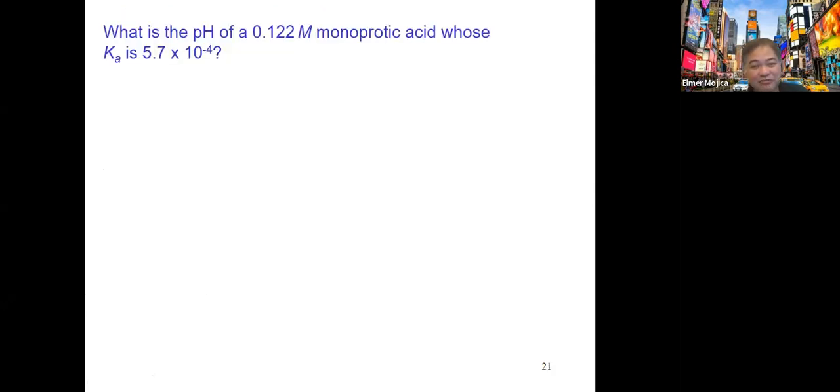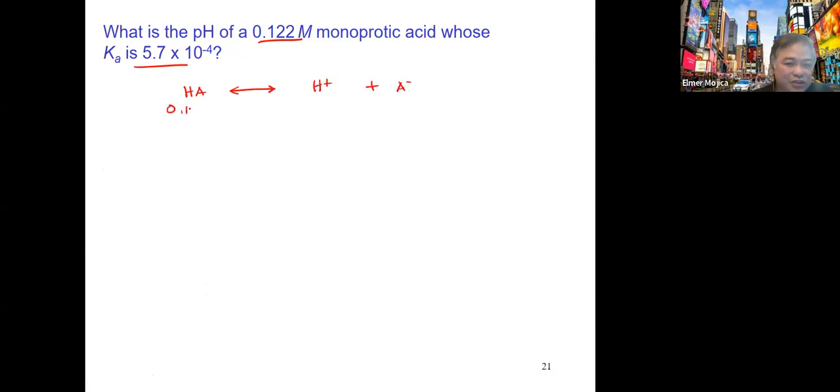Let's try another one. This one is a 0.122 M monoprotic acid with Ka 5.7 times 10 to the negative 2. So you have HA producing H plus and A minus.